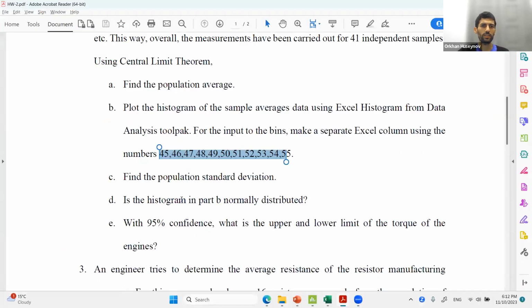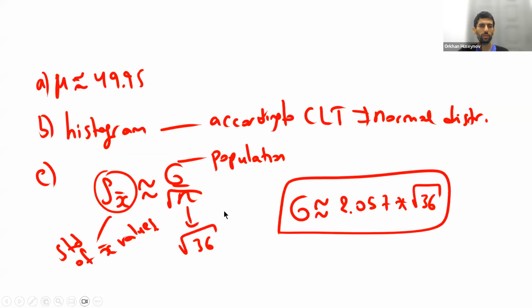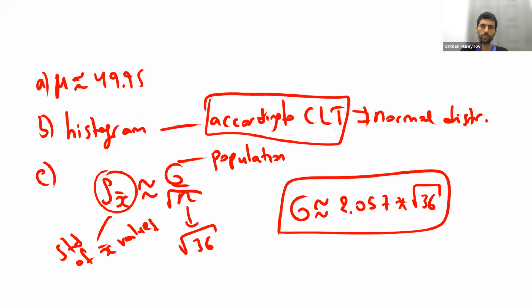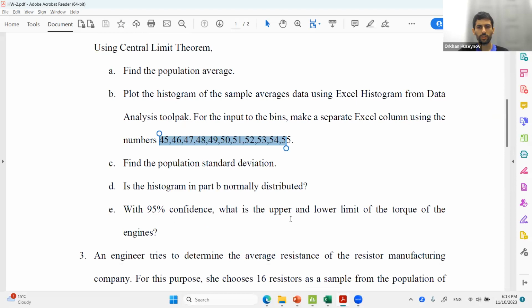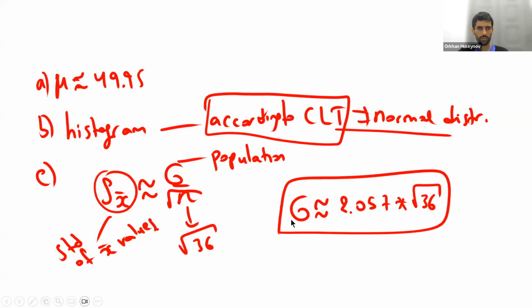And then D asks whether the histogram in part B is normally distributed. Yes, it is. It should be, as I said, according to the central limit theorem, it must be normally distributed. And with 95% confidence, what is the upper and the lower limit of the torque of the engines? So this one is part E. It asks for the 95% upper limit and lower limit.